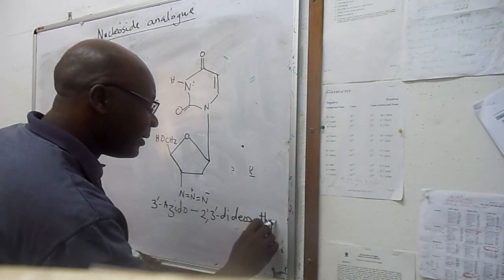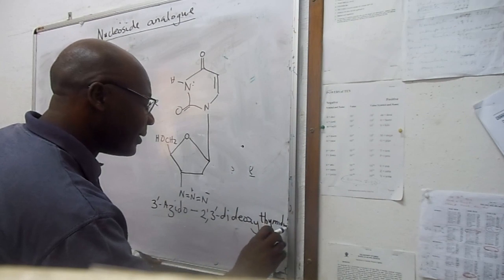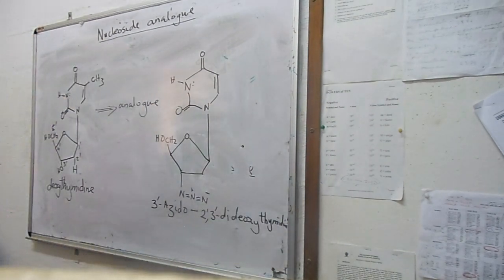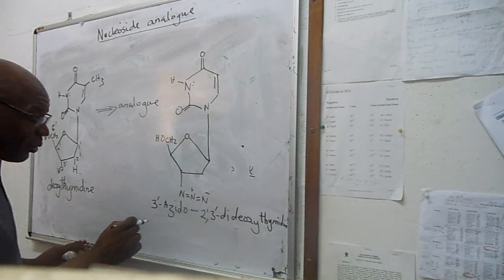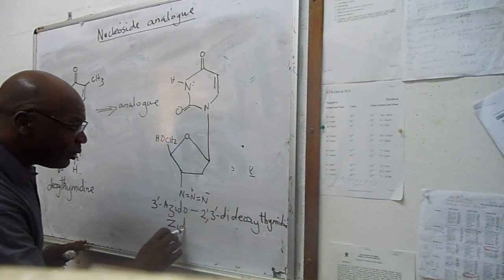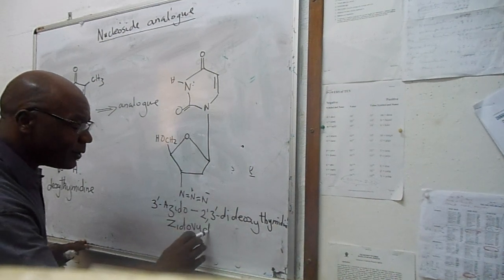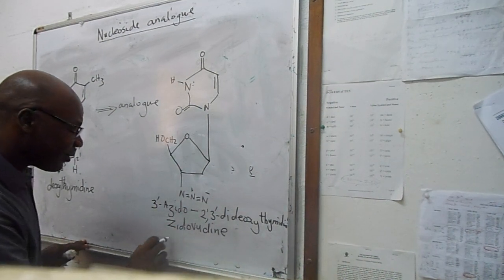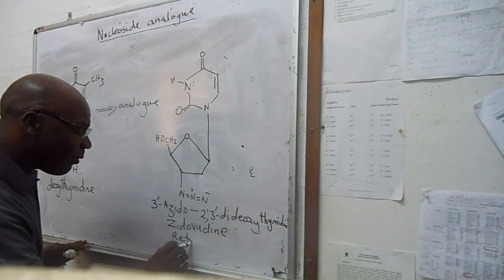Deoxythymidine. This is a nucleoside analog. It is commonly known as zidovudine. Others call it Retrovir.